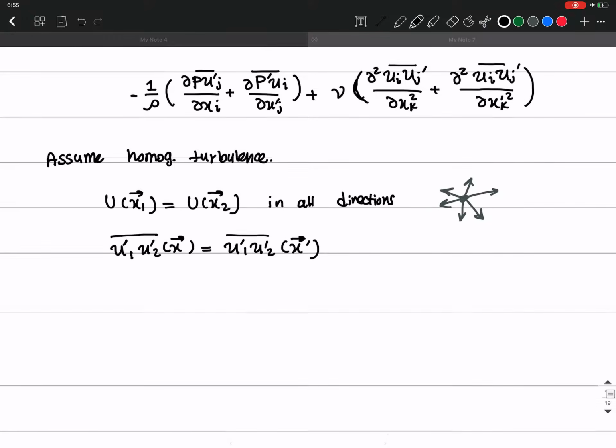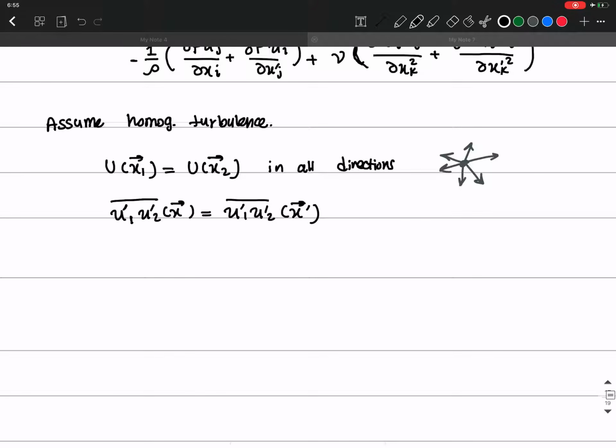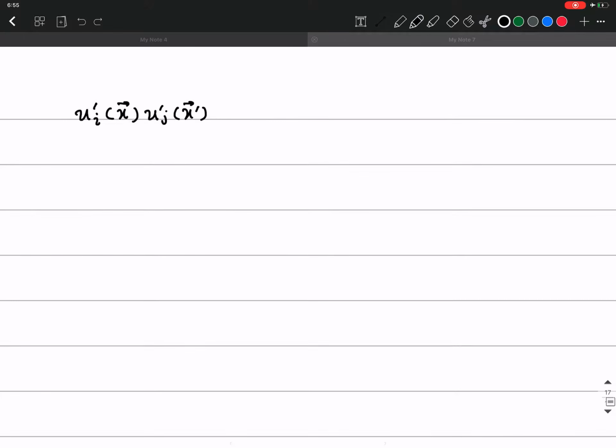And there is another thing: because of this homogeneity, you can prove that if you take the two moments of any variable and take the average of that, so for example, ui' at x, uj' at x', and take the bar here, the average.